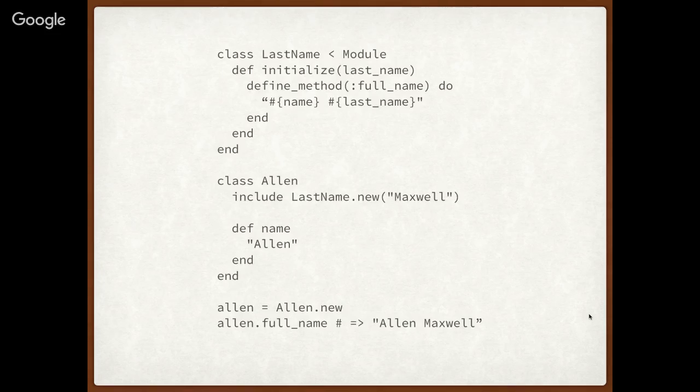And I include LastName.new Maxwell, and I give it a name so my LastName class doesn't get confused. And I say Alan equals Alan.new. I can say Alan.full_name is Alan Maxwell. What do you think about that?